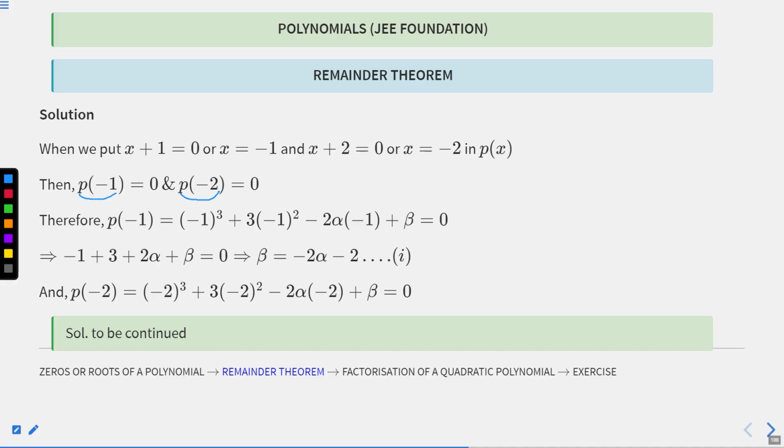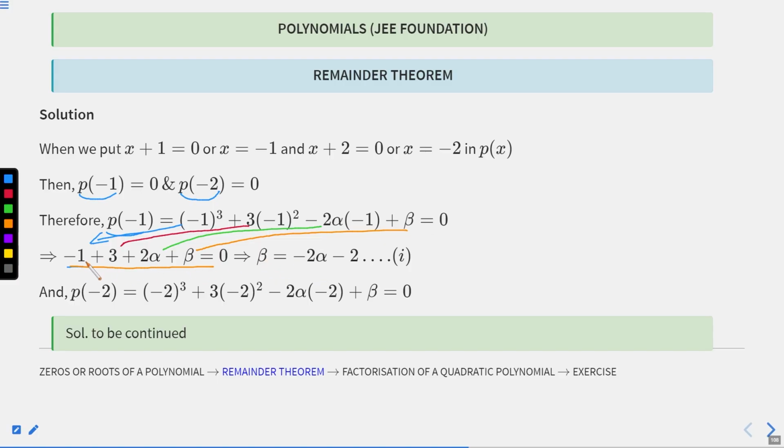Now p of minus 1 is minus 1 whole cube plus 3 times minus 1 whole square minus 2 times alpha times minus 1 plus beta. So minus 1 cube is minus 1, 3 times minus 1 whole square is 3, minus 2 alpha times minus 1 is plus 2 alpha, and beta remains the same. I hope this is clear. Now minus 1 plus 3 is plus 2.